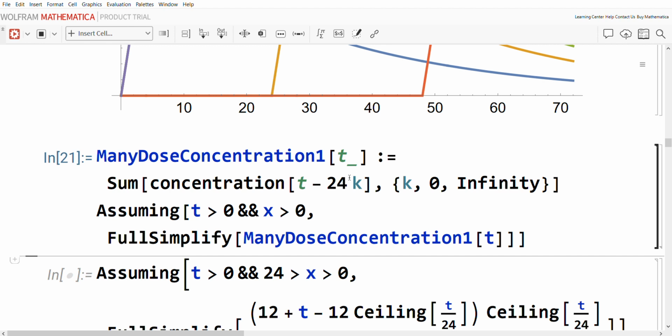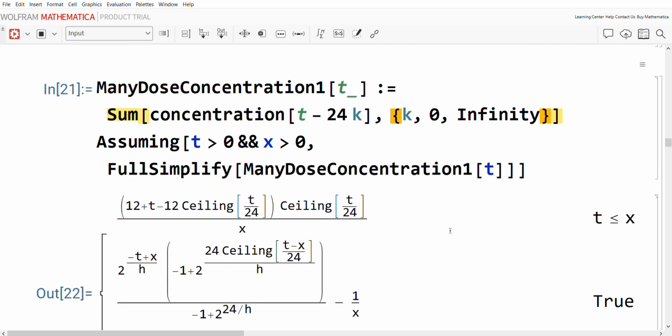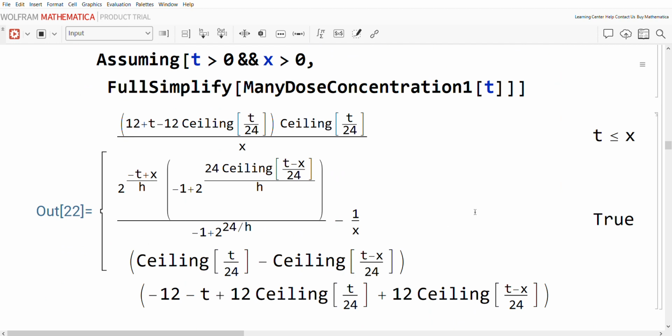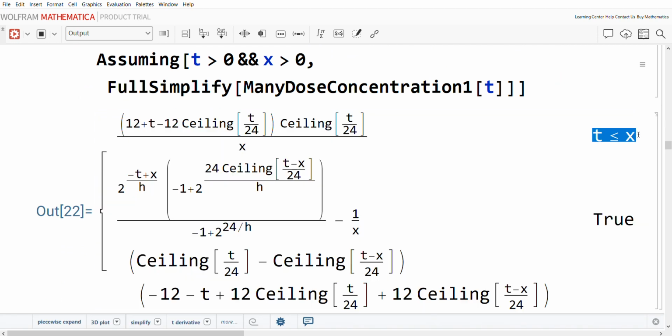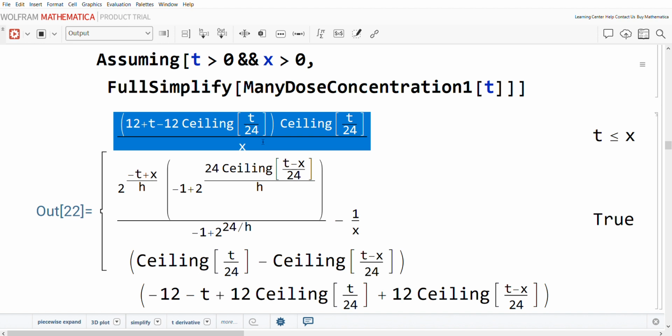So it's running that right now. I'm asking it to simplify an infinite series, K goes from 0 to infinity. There we go. Okay, so before you reach peak concentration, this is what you get.